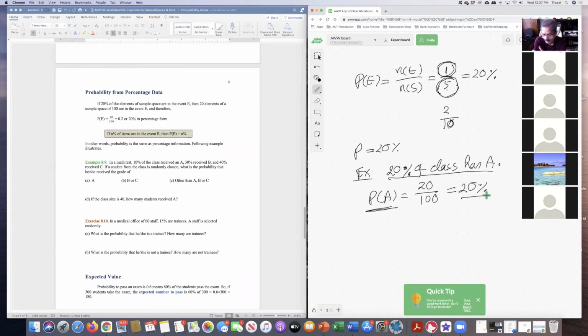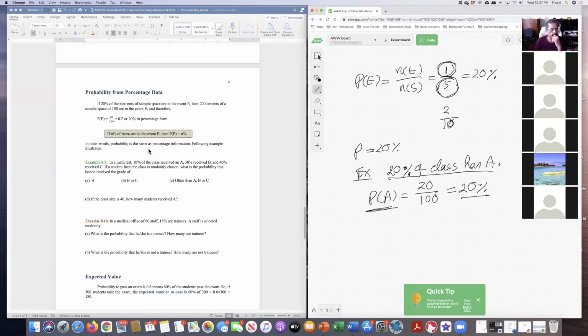So therefore, probability and the percentage information are the same. If they give you percentage information, that is the probability.